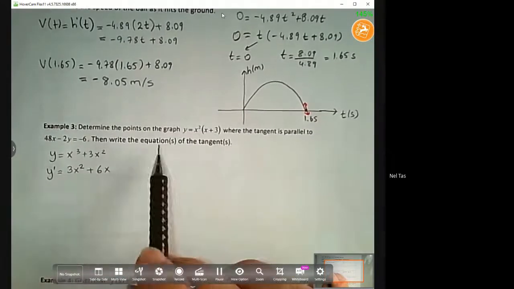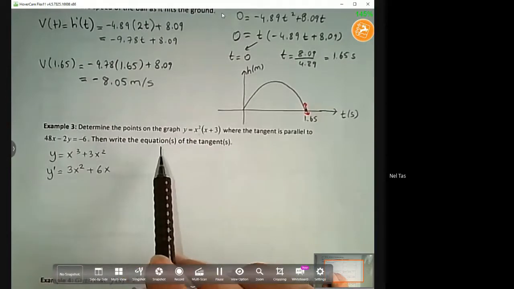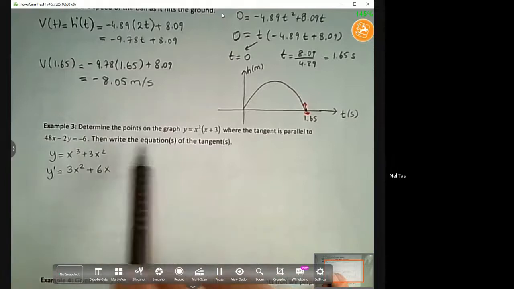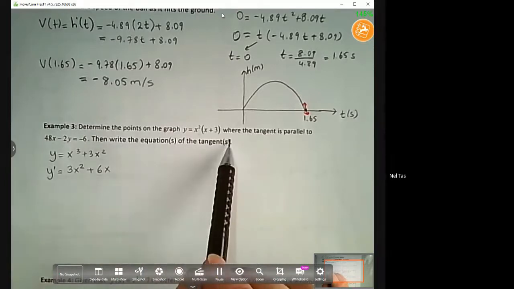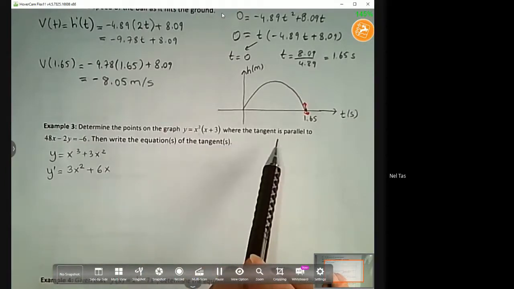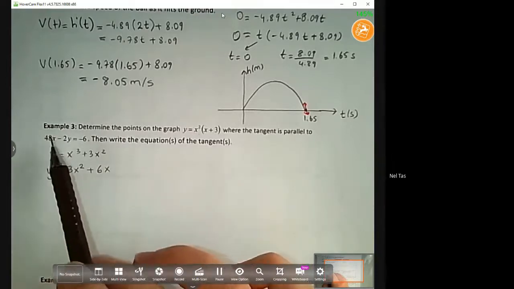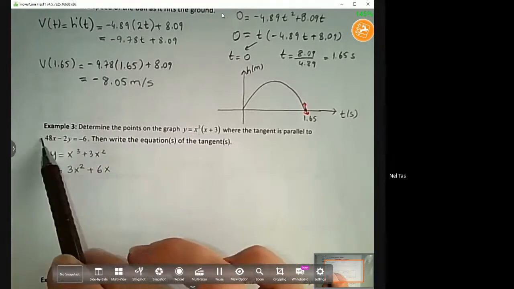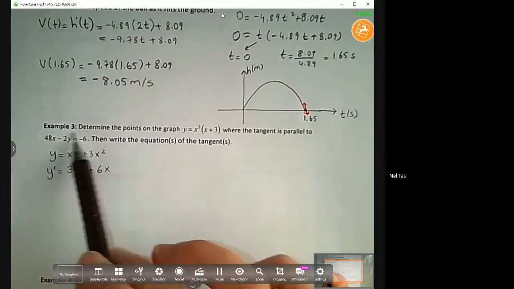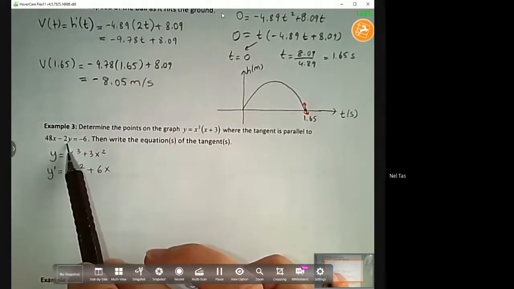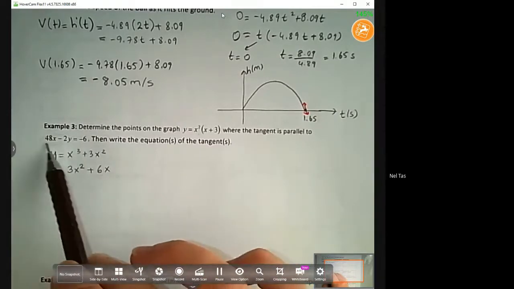Okay, but let's look at this question, right? It is saying we need the tangent or tangents parallel to this line. So it looks like we have to get this information from here. So first, let's isolate y from here to calculate the slope of this line, right?